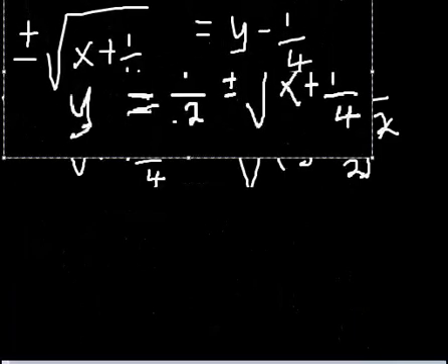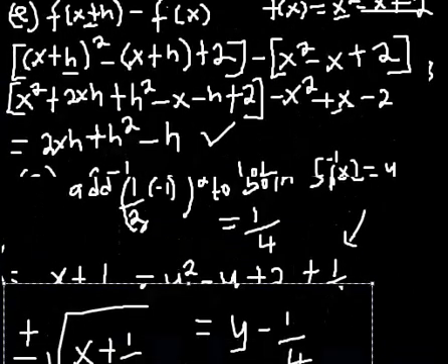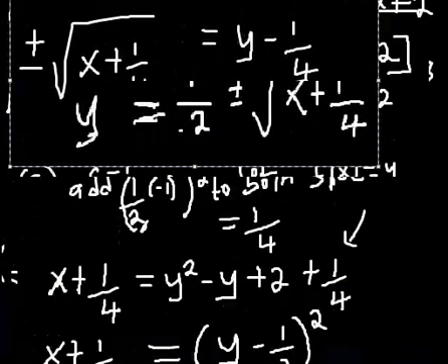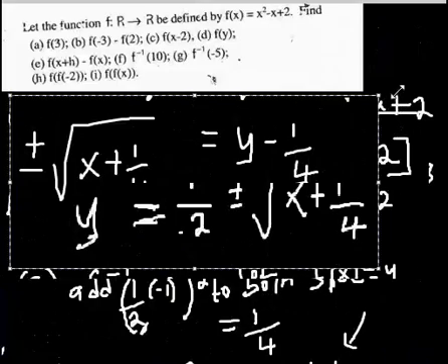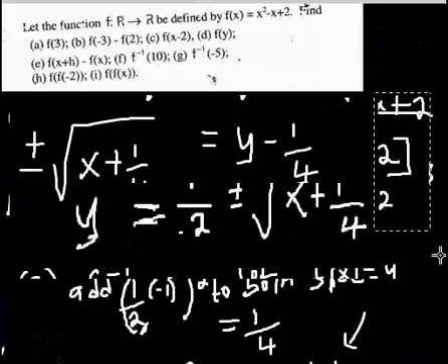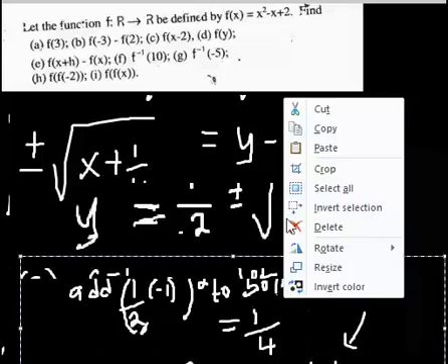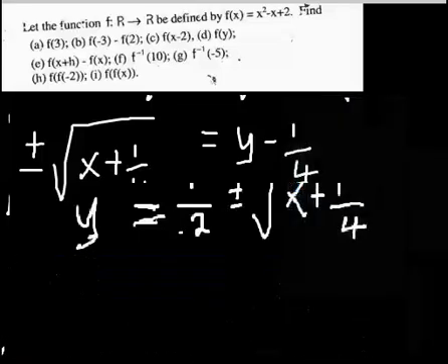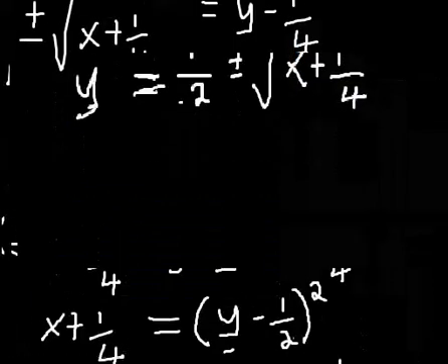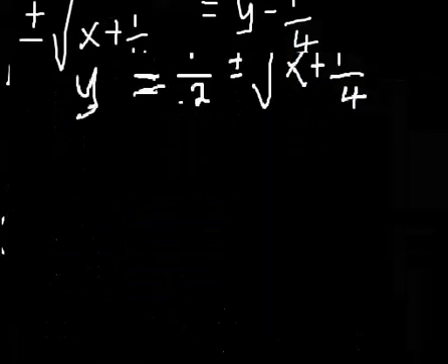bring it up here. These are the process. I want to delete other parts so that I've got my inverse. Remember, I'm looking for the f inverse of 10. That was what I was asked to find.